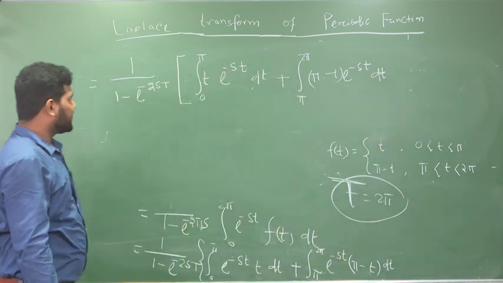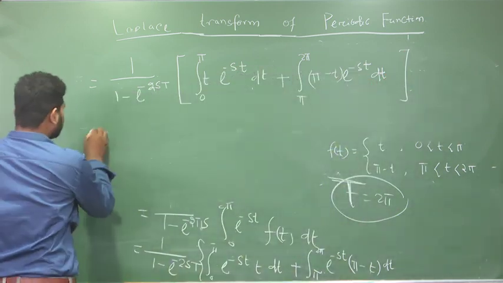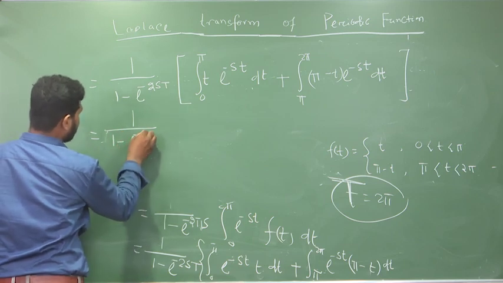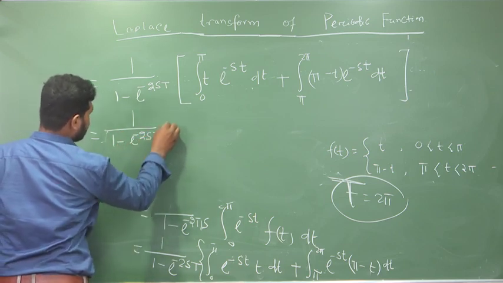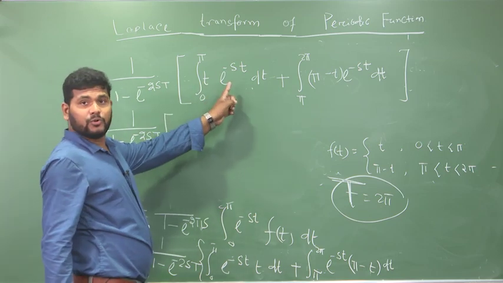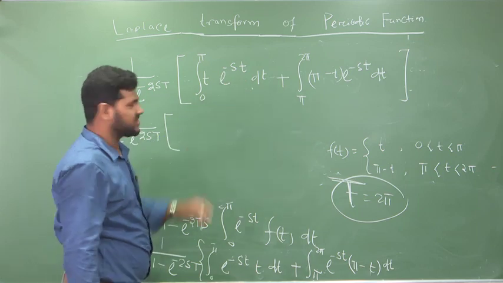All right, now I will close my bracket. What is outside is fixed, 1 upon 1 minus e power minus 2 pi s. Now you notice two functions are there, so we will use integration by parts.